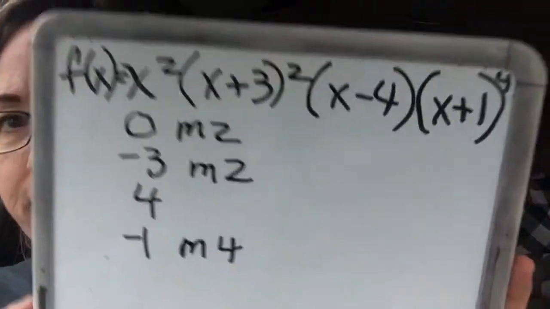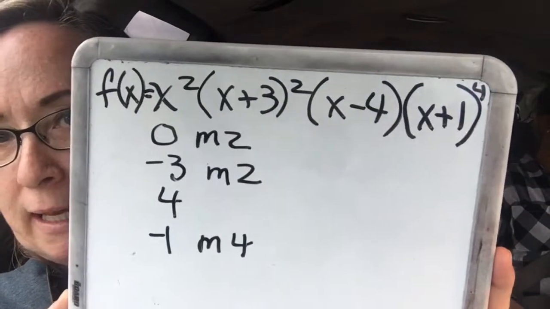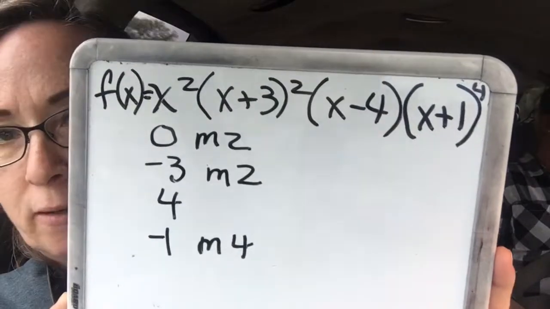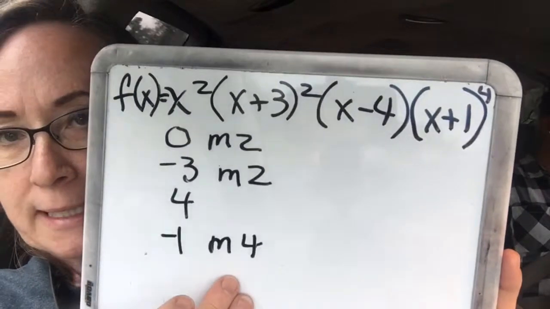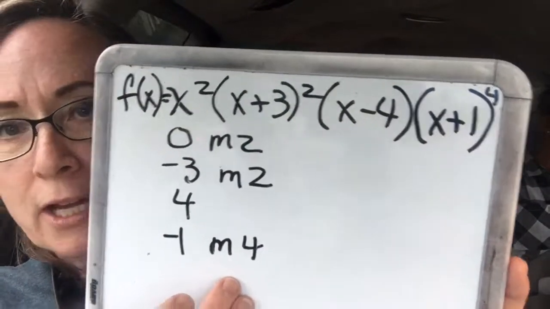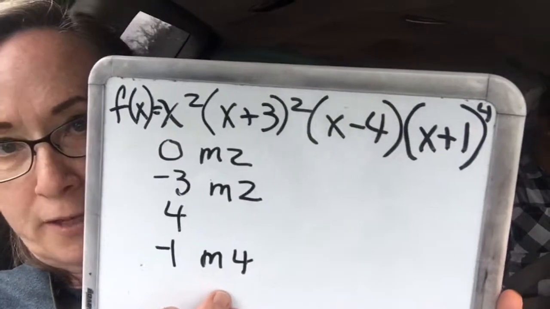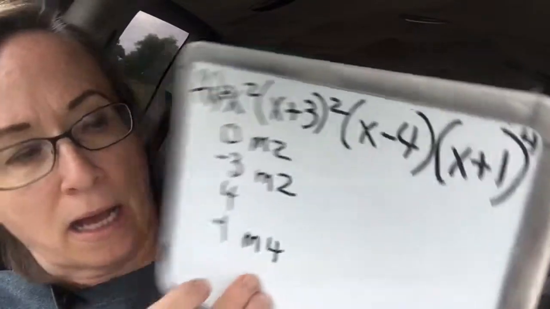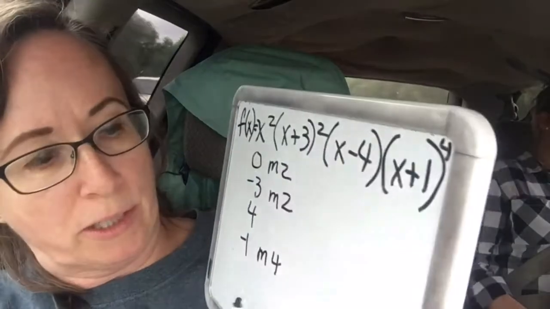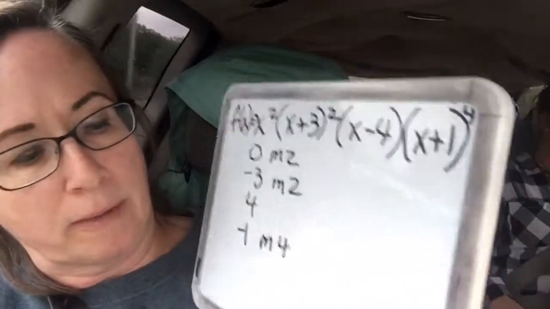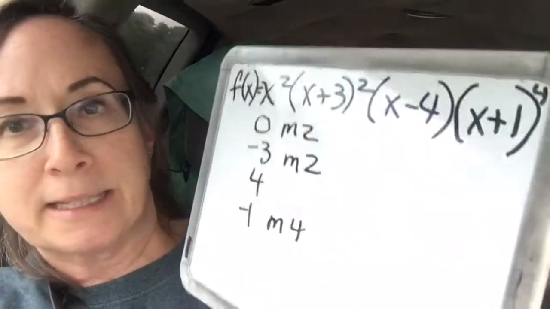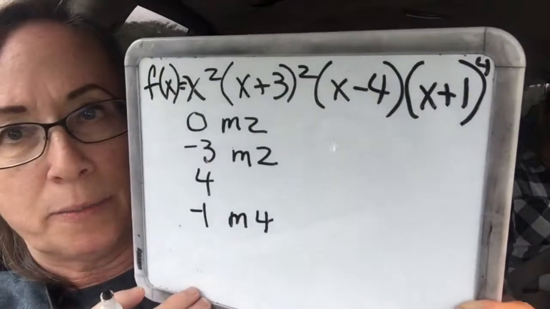Okay, so look at the function and see if you can see why I put each one of those zeros and multiplicities down. Okay, so now we're going to graph the function. I had to count it up. It's a 9-degree polynomial.